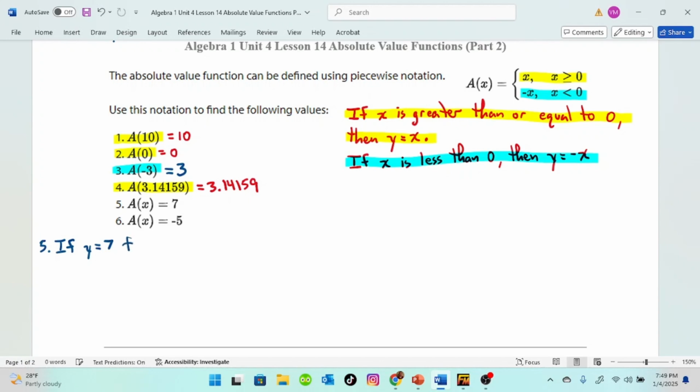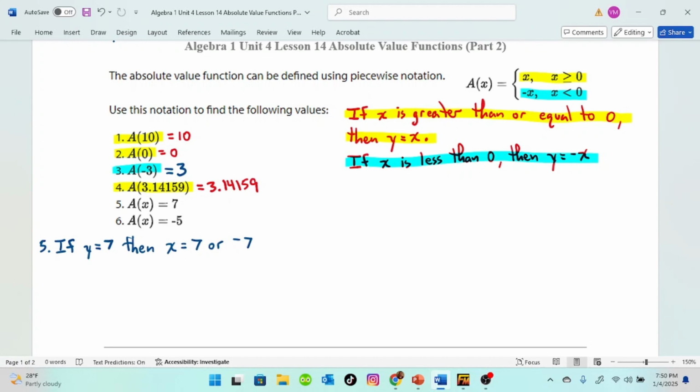So if y equals 7, then x equals positive 7 or negative 7. Because both of these would have given us an answer of 7.